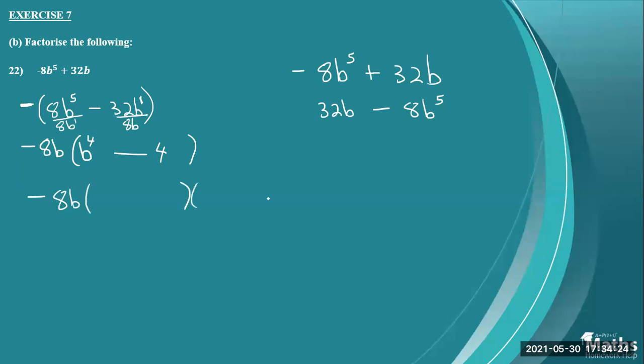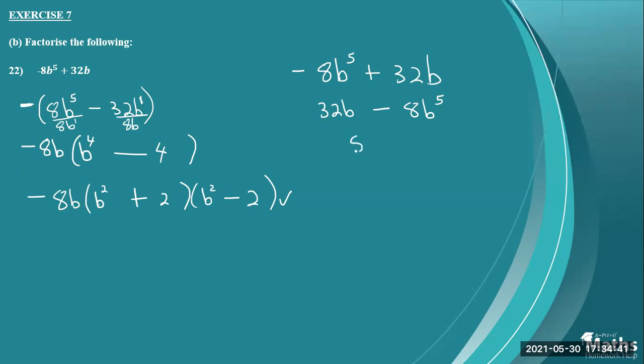This will be difference between 2 squares again. It's b squared plus 2 and b squared minus 2. You stop here because you can't continue with the 2. You can't get the square root of 2.